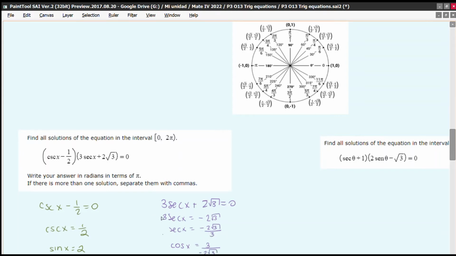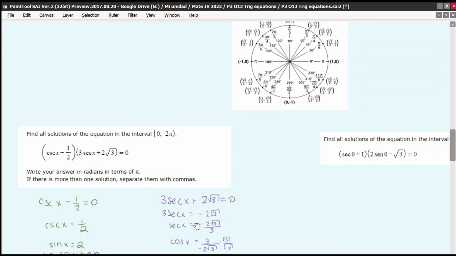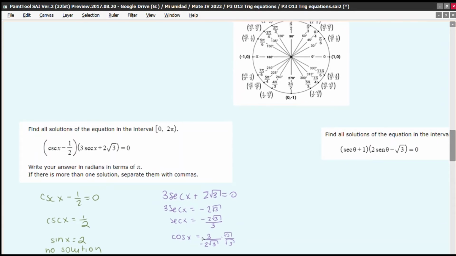That's it. And you're going to say, Andrea, where am I going to find this in my unit circle? And I'm going to tell you, chill. Let's rationalize this. I'm going to multiply by square root of 3, both in the numerator and my denominator. So this is actually 3 times the square root of 3 over minus 2, and, careful, square root of 3 times the square root of 3.